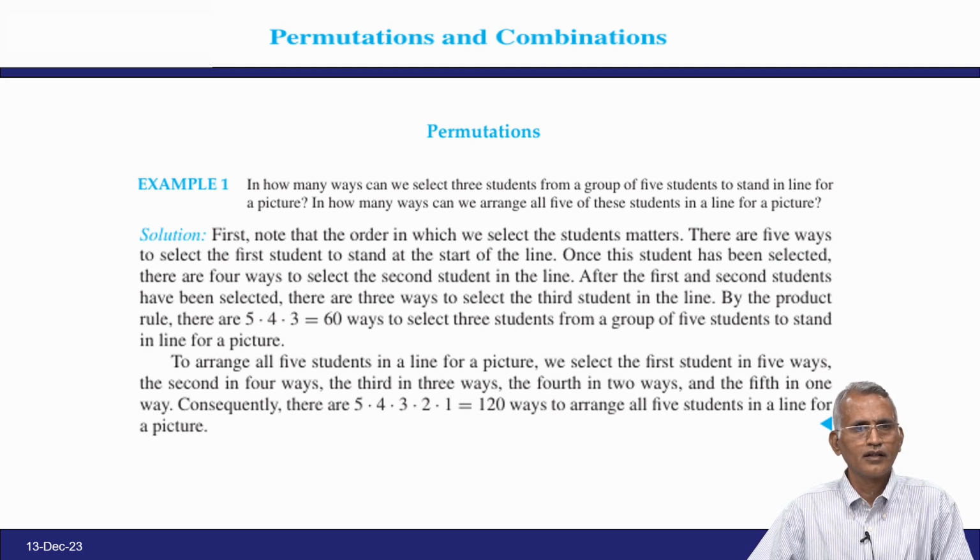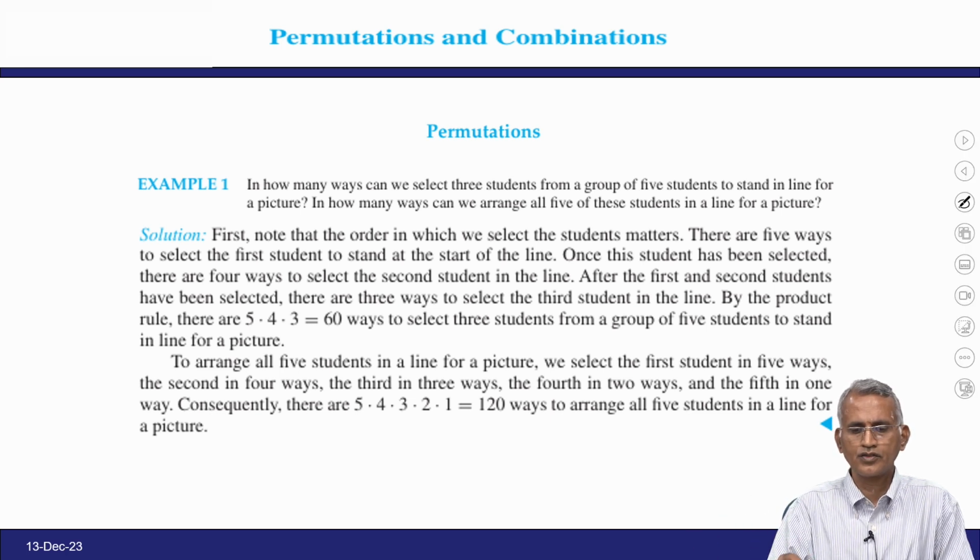Now, the solution to this question is, first note that the order in which we select the students matters. There are 5 ways to select the first student to stand at the start of the line. Once this student has been selected, there are 4 ways to select the second student in the line.